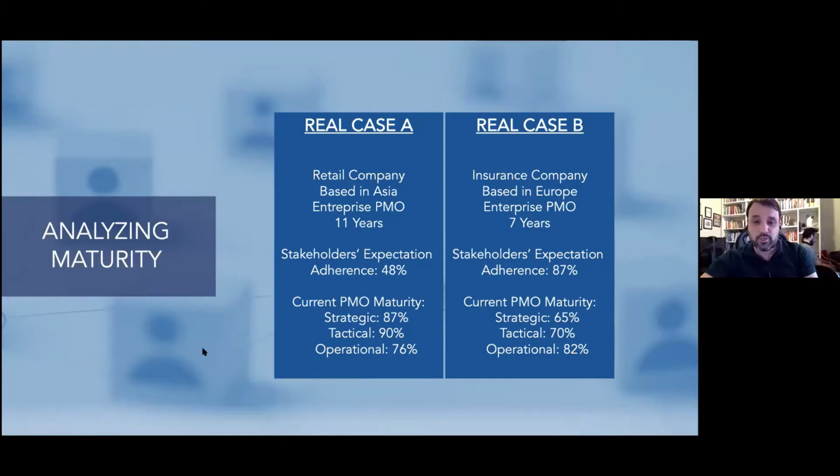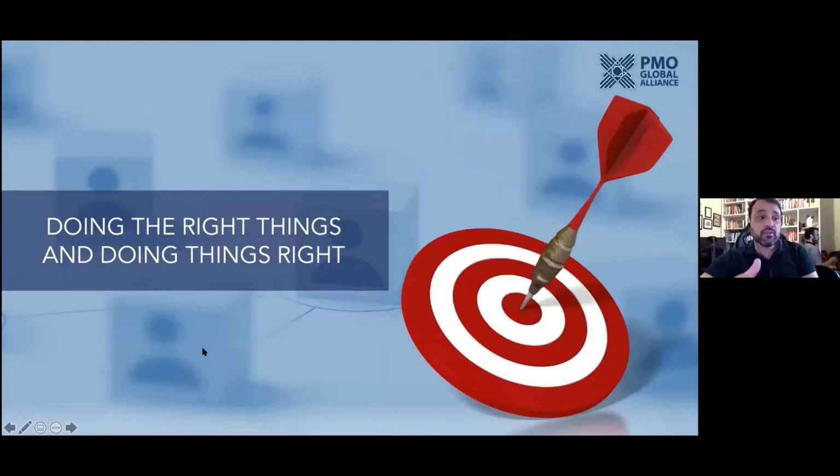Okay? So, doing the right things and doing the things right. Doing the right things, alignment. Doing things right, maturity. That's the difference. So maybe you are really mature, but if you are doing the wrong things, if you are not aligned with expectations, it's a waste of time, of money, of resources, right?